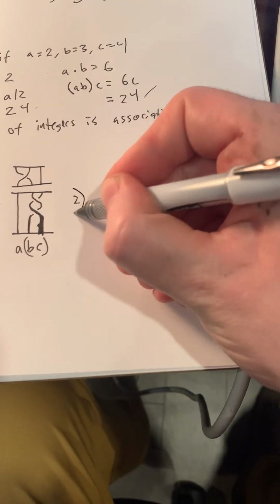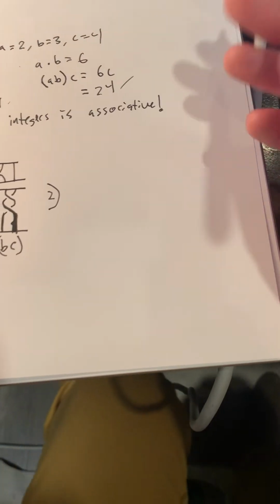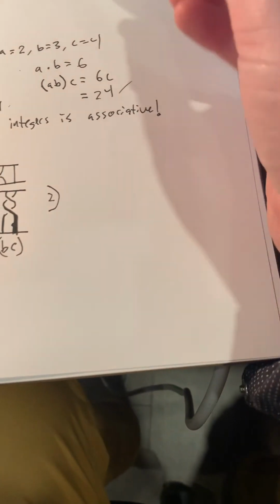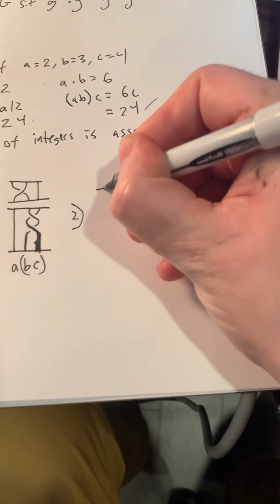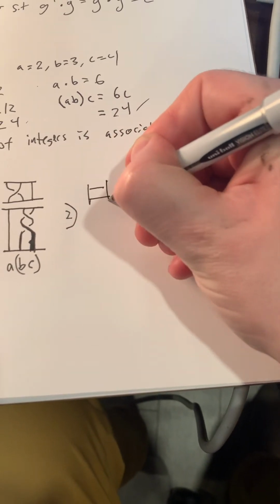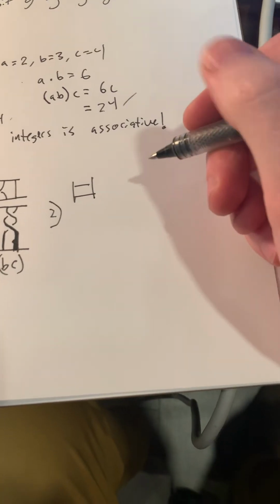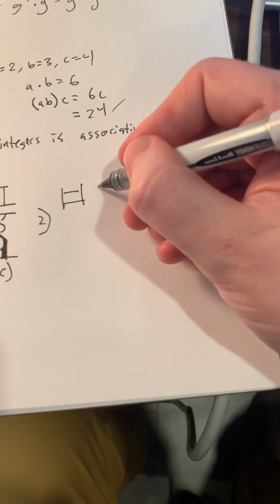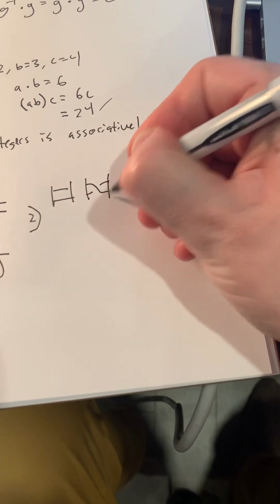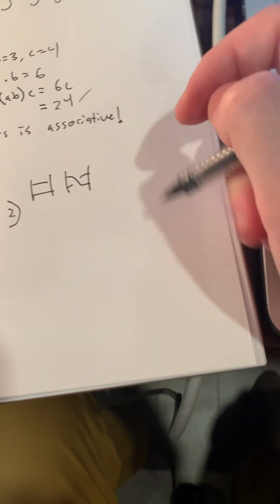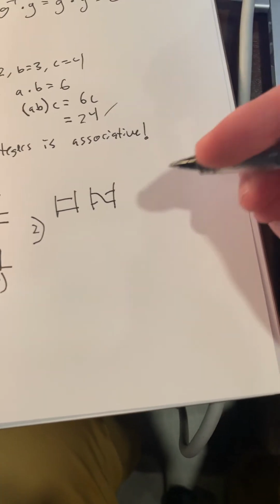In the case of the second quality here, there has to exist an identity element that follows these particular rules. For braids, this would be the identity element in this particular orientation, and we can see quite clearly if we combine this with any other element, then we end up with this.